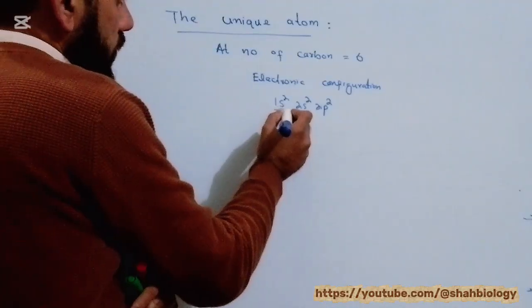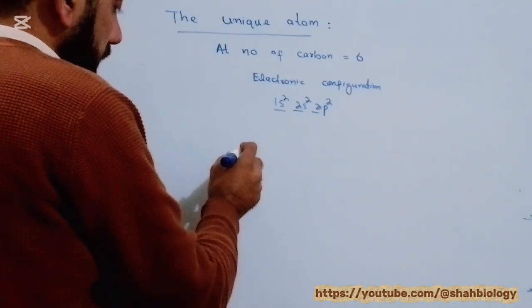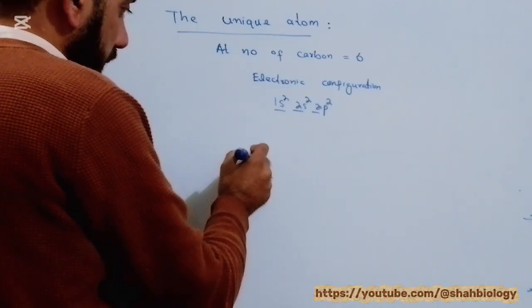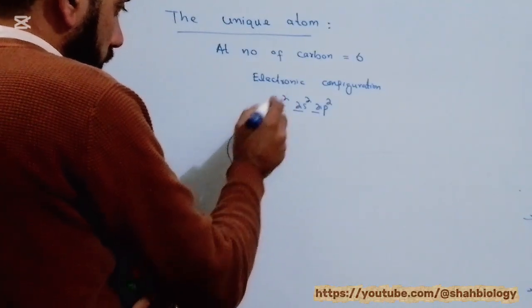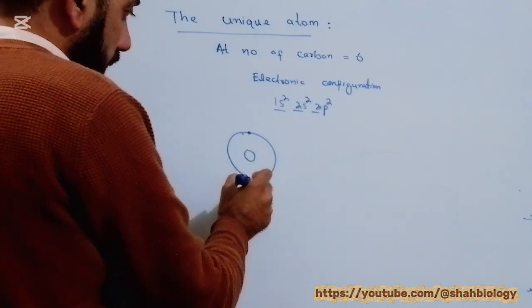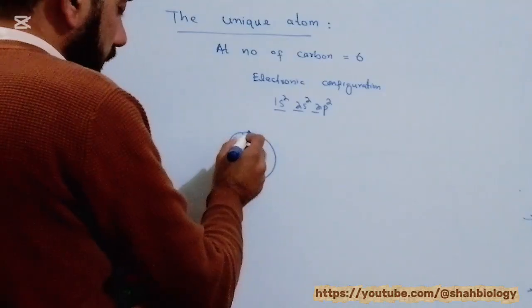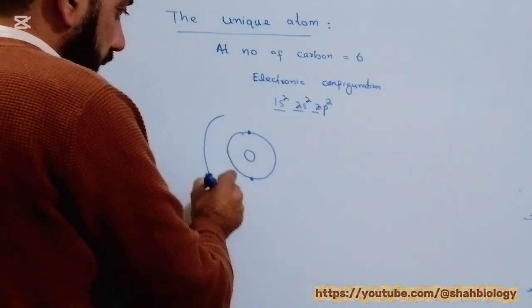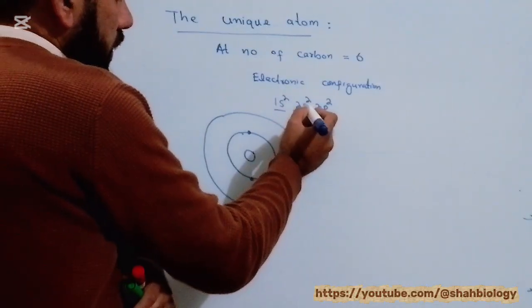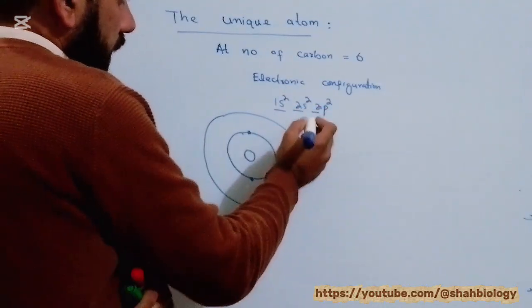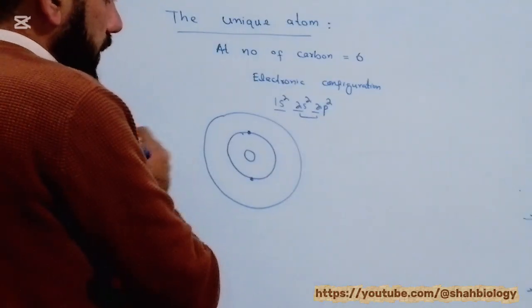The electronic configuration of carbon is 1s2, 2s2, 2p2. It means the carbon atom has 2 electrons in the first shell, the 1s orbital. Then in the second shell there are two orbitals, the s orbital and the p orbital.